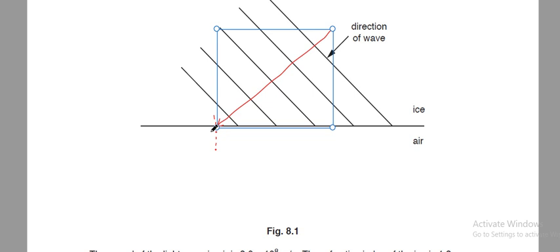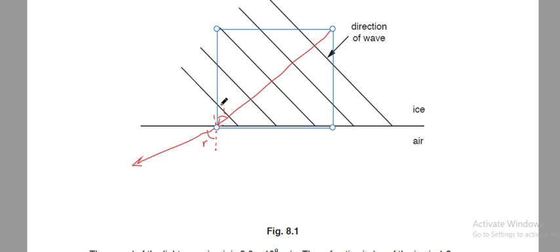So it has change in direction that makes the refraction angle greater than the incidence angle.